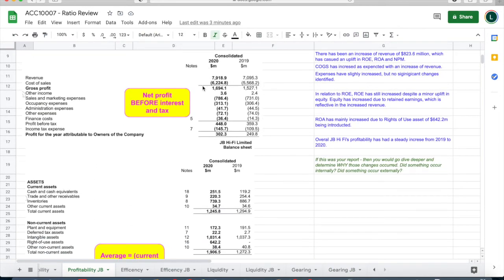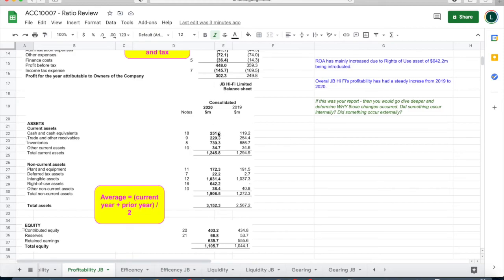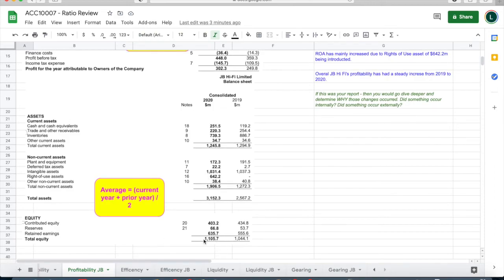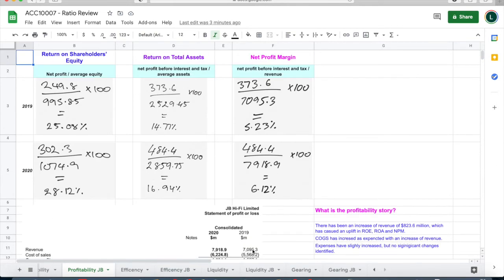So that is our increase of revenue. Our cost of sales have increased, but that's expected with an increase in sales. What else around here? Again, our increase in non-current assets of our rights issue there. So they're basically our main points that we can see that has impacted our changes in the cash flow and all the ratios, for 2019 to 2020.